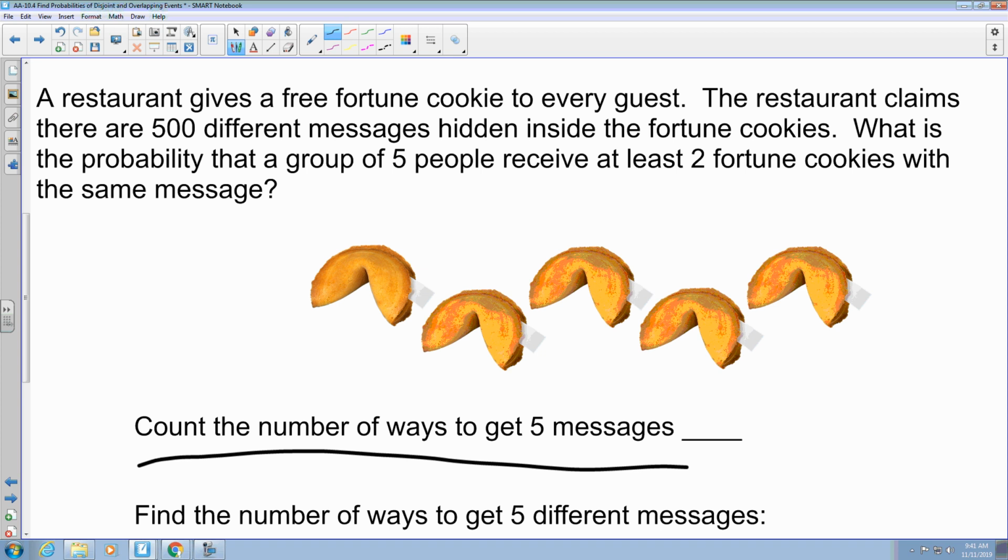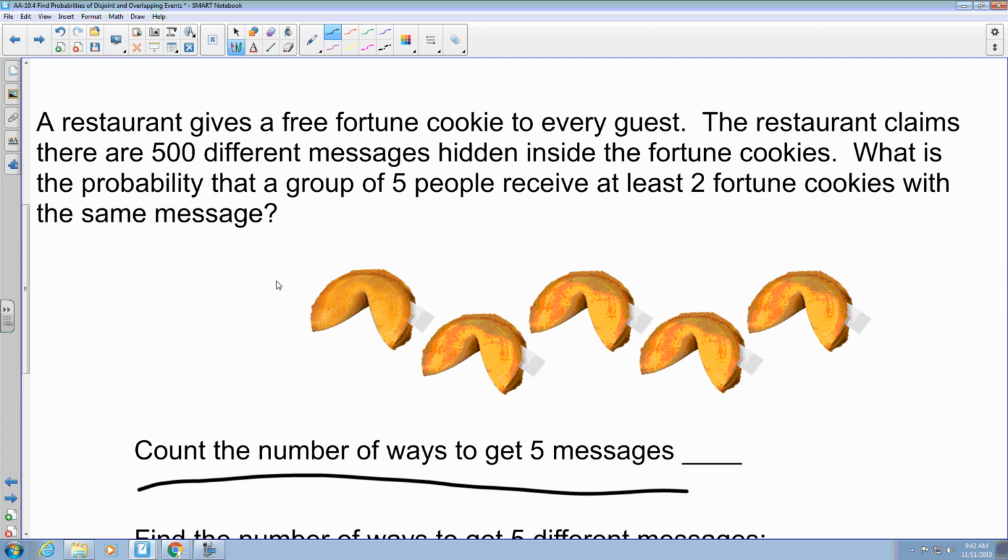Let's say there were 3 messages in the fortune cookie and you were given 2 fortune cookies. So let's say you had message A, message B, and message C.